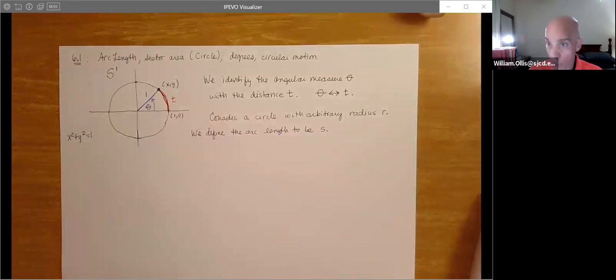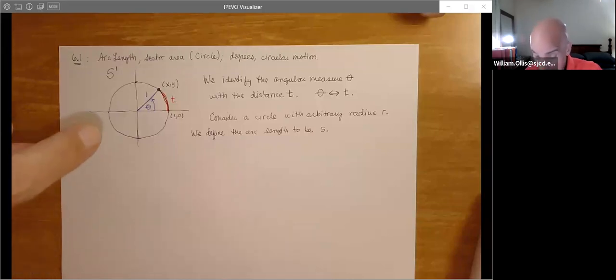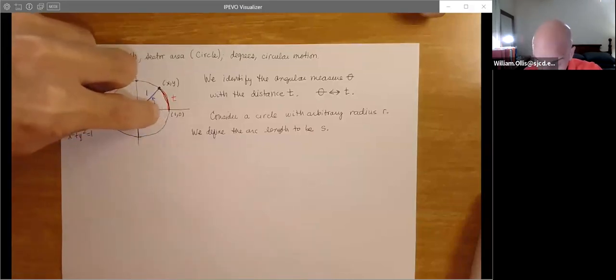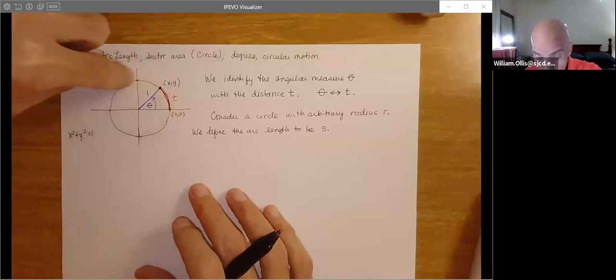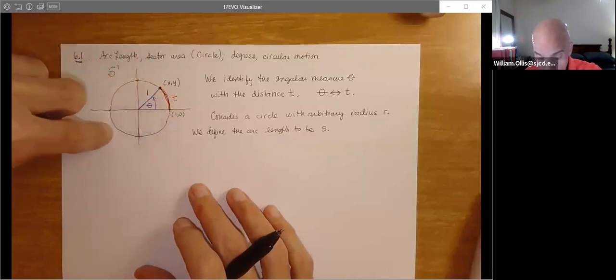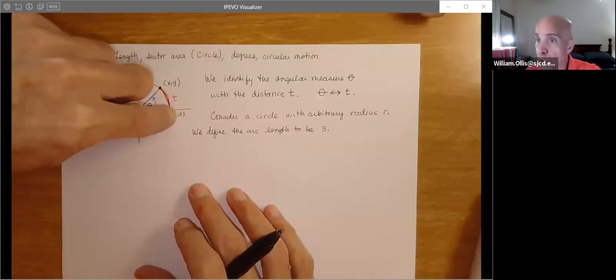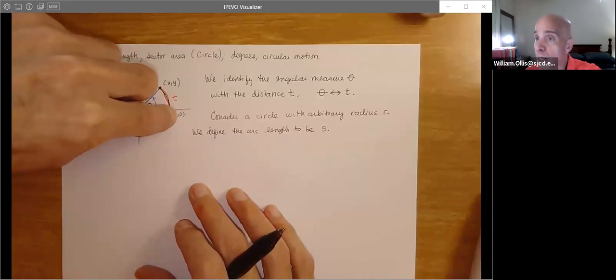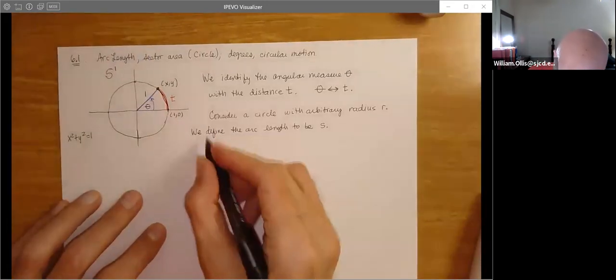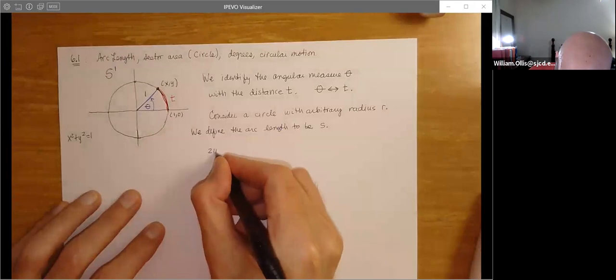S is the common letter for arc length. So if we think about theta, if we start here and we lap once counterclockwise and we have one traversal, that would be 2 pi radians. So we'll say 2 pi radians.